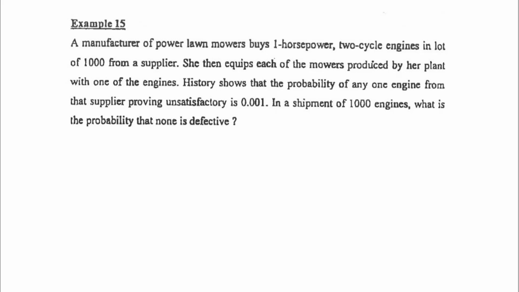Okay, now we look at this example. From this example, we have 1000 engines from a supplier. That means this is our n. And we have the probability of any one engine from the supplier proving unsatisfactory is 0.001.